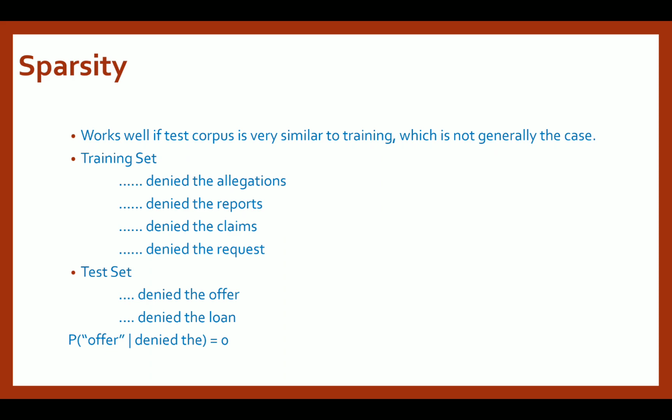Now in the next lecture we are going to discuss what kind of issues there are with this n-gram model, the estimation of those probabilities, and how we are going to deal with them.